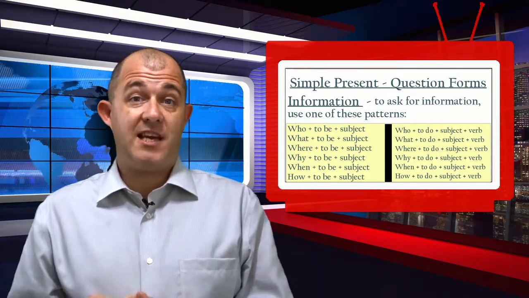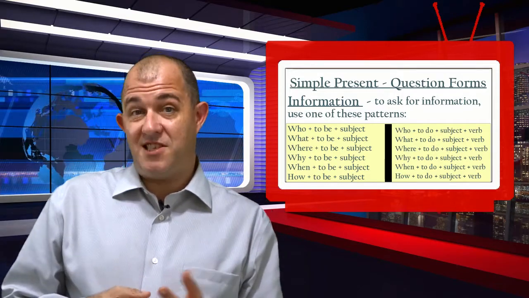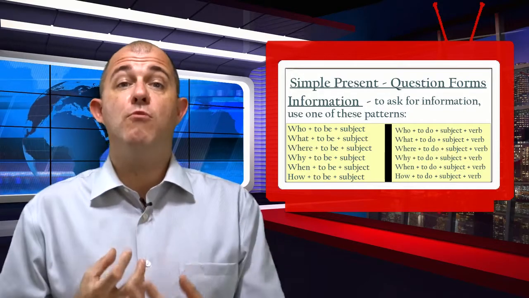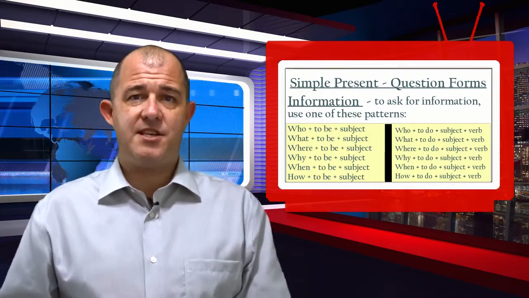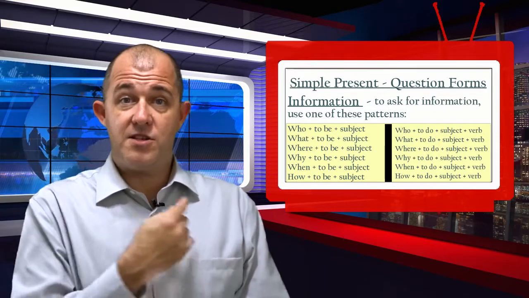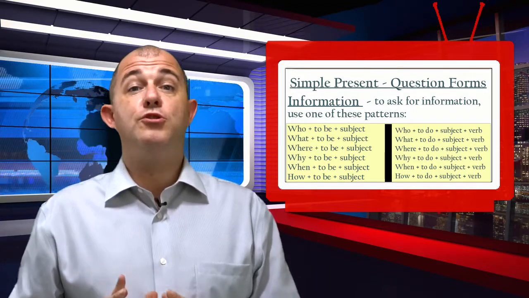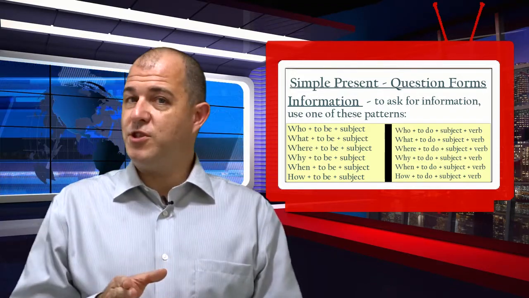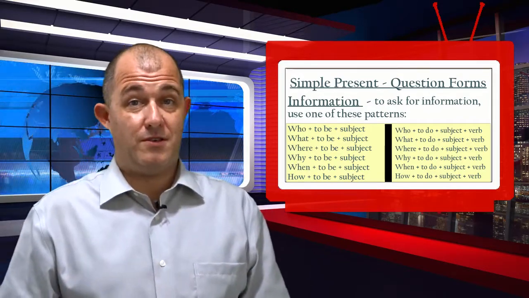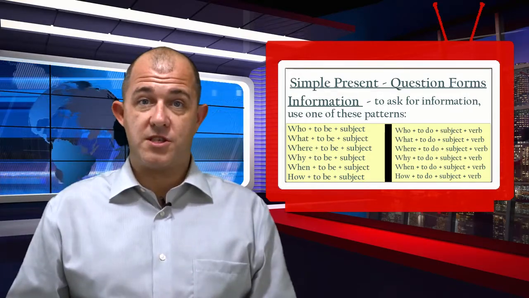If you want to ask information questions about people's routines and habits in the simple present because you want to know more about them, in that case, you're going to use the structures on the right side of the screen. So you will use the WH word plus the verb to do, plus the subject, and then the base verb that you are asking about. Let's look at some videos and some examples to see how this works.